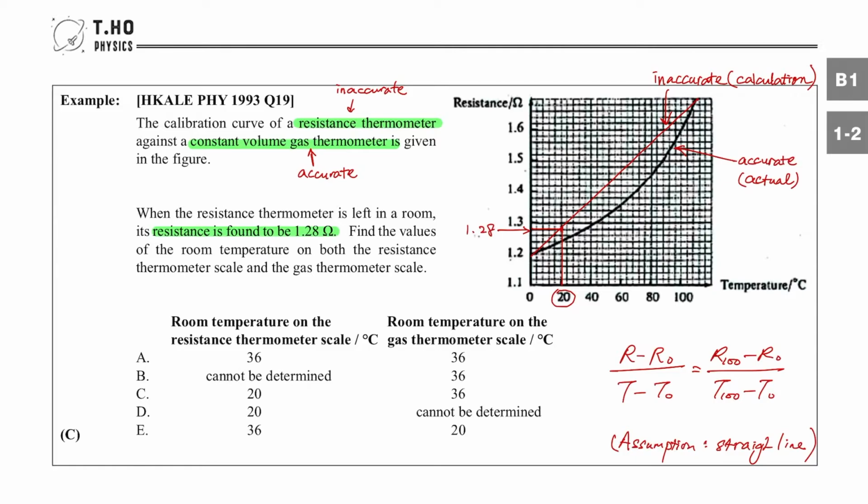But in fact, the variation of resistance versus temperature is not a straight line. So when we look at the actual variation of temperature, 1.28 ohm will point to this point.